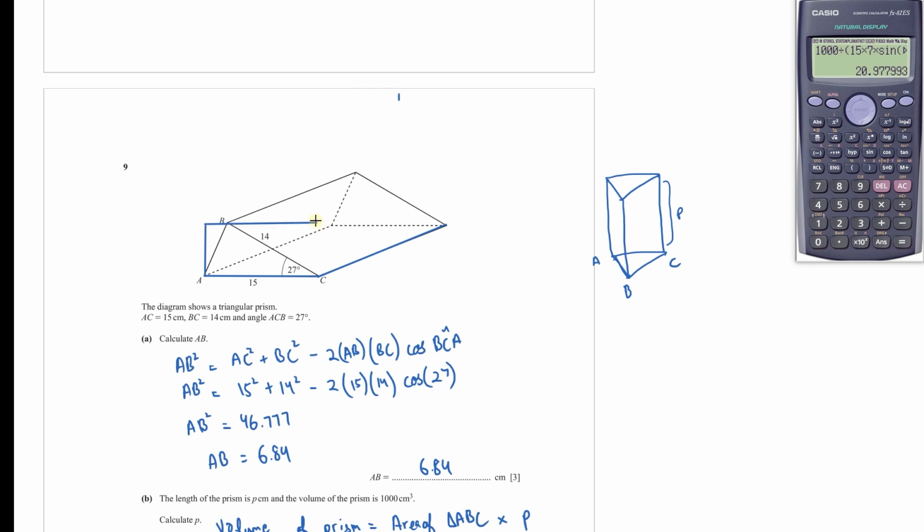So this is the front side, and then I'll draw it to the back as well to make it look like a 3D shape.